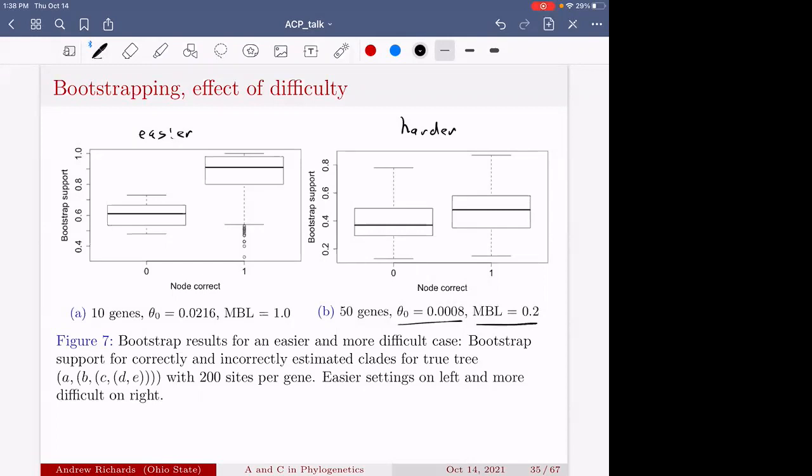For the harder case, you get less of that splitting between the bootstrap support for the ones you got right and the ones you got wrong, whereas for the easier cases, it's clear that if the bootstrap support is low, you may not have gotten it correct.